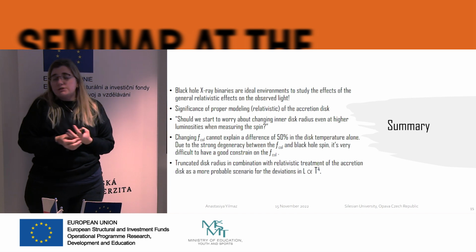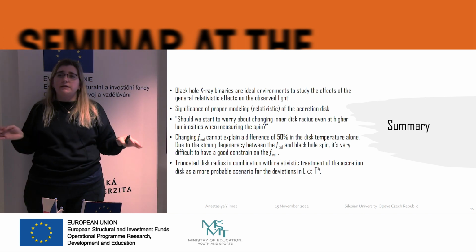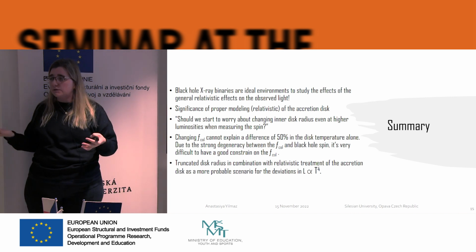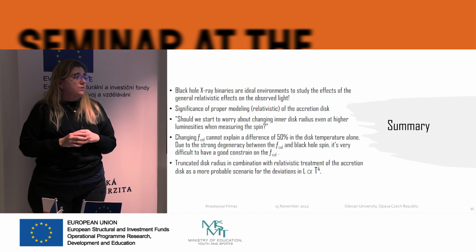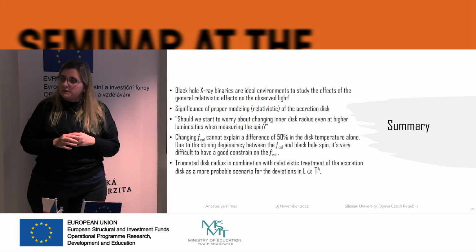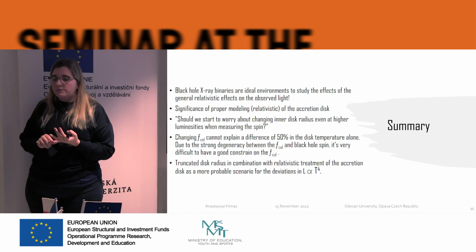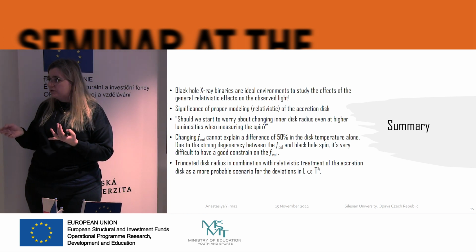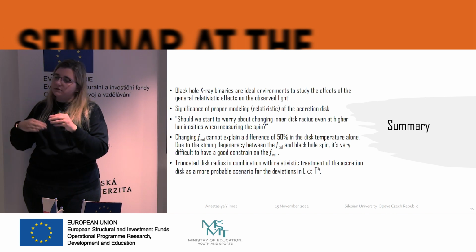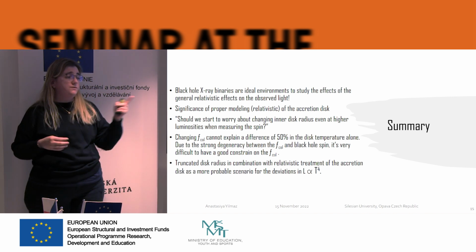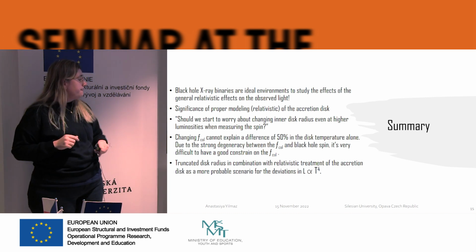As I told you before, changing the color correction factor or the spectral hardening cannot really explain any of the deviations that I presented, and there's also a 50% difference which cannot be explained by the color correction factor alone, because if you apply a 1.7 color correction factor, the change is supposed to be around 70% if you include a little bit of uncertainty, but 50% is not within acceptable uncertainties.